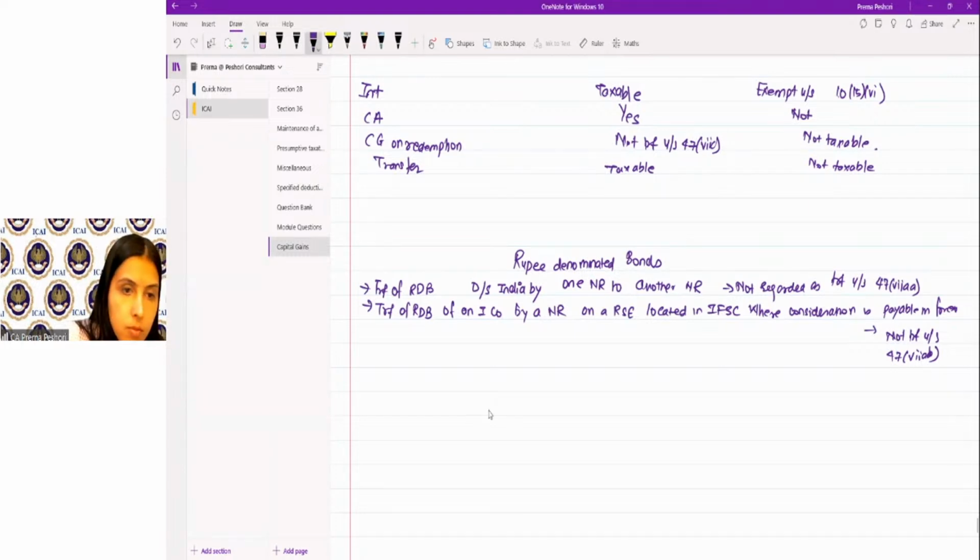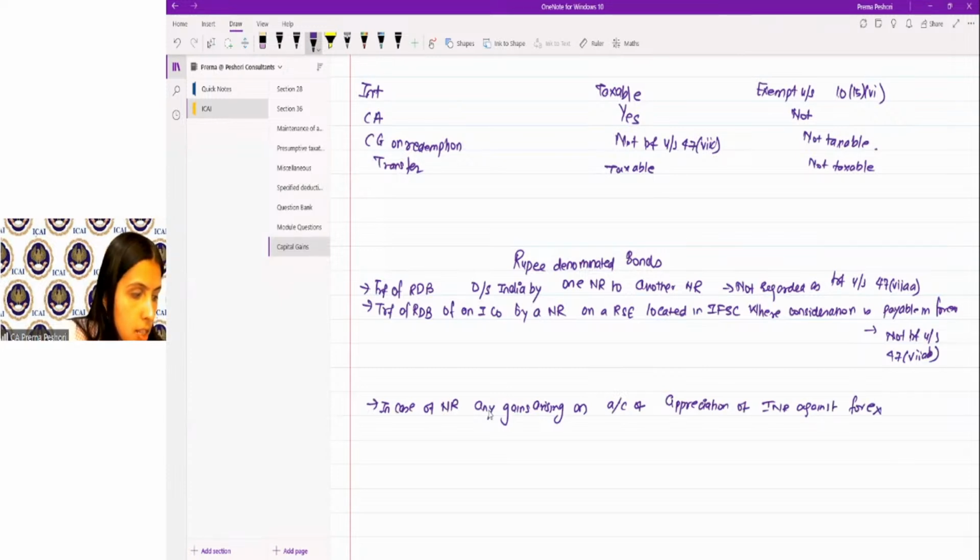Then, in case of a non-resident, any gains arising on account of appreciation of INR against forex shall be ignored at the time of redemption of the rupee denominated bond.